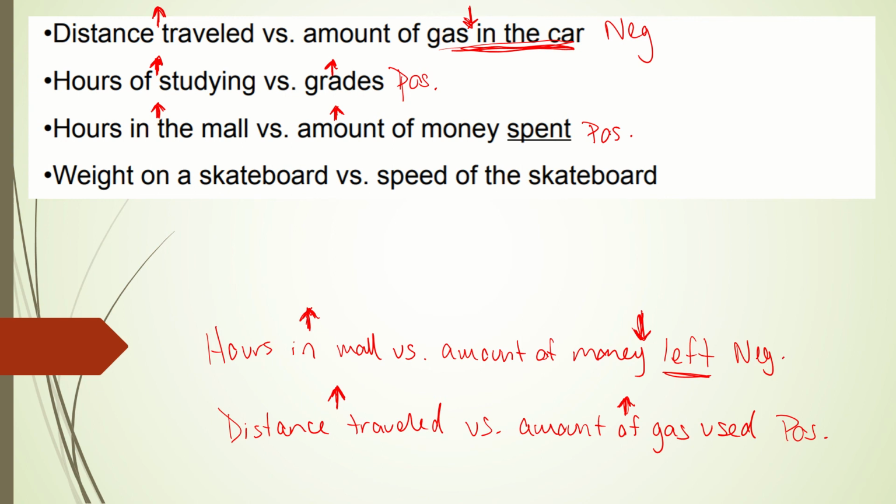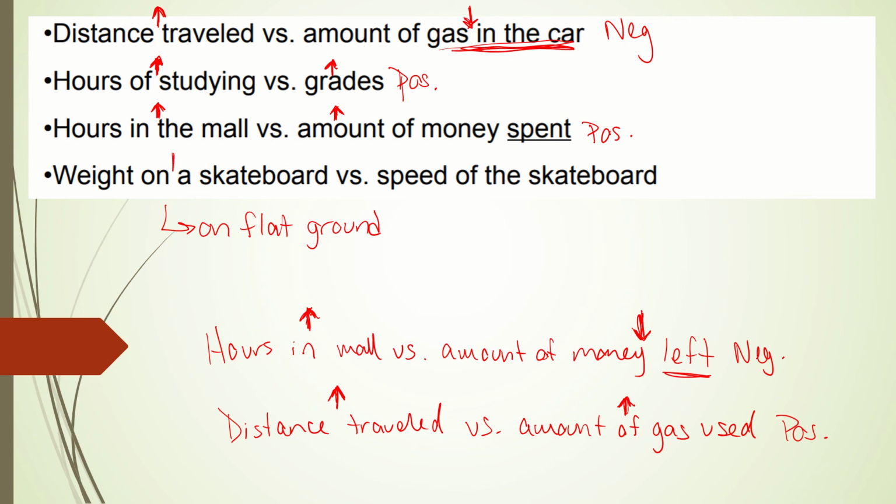And the last one here, weight on a skateboard versus the speed of the skateboard. So this one I need to give you a little bit more information, or you could actually have two correct answers if I didn't qualify this a little bit. What we are talking about is on flat ground. Not going down a hill, we're talking on flat ground.